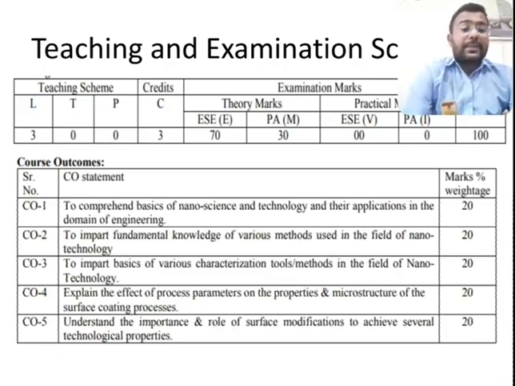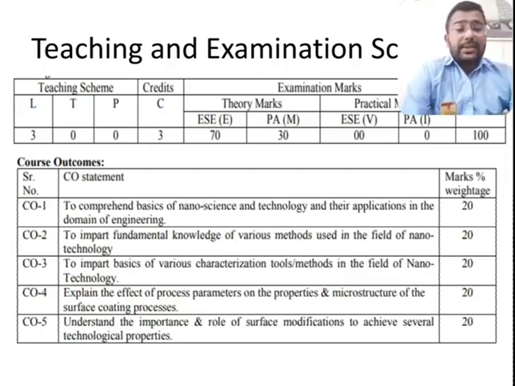Fourth topic is to explain the effect of process parameters on the properties and microstructures of the surface coating processes. This topic is regarding surface coating processes, in which we will learn process parameters. The weightage is 20% in the GTU exam.